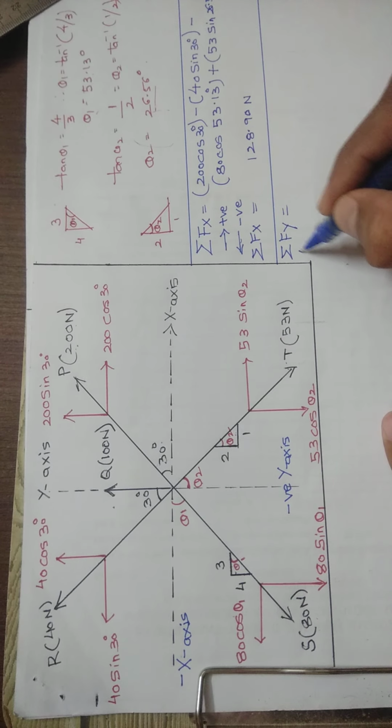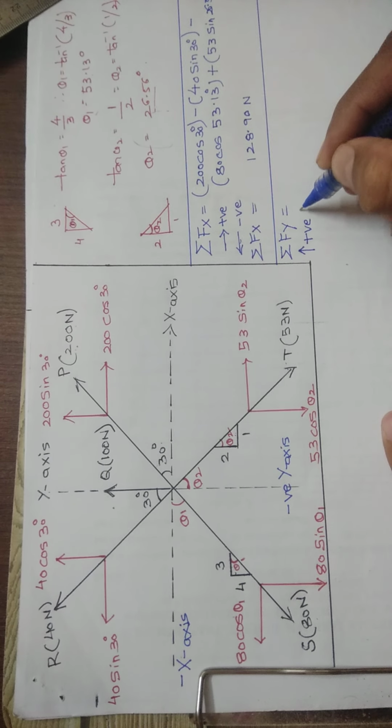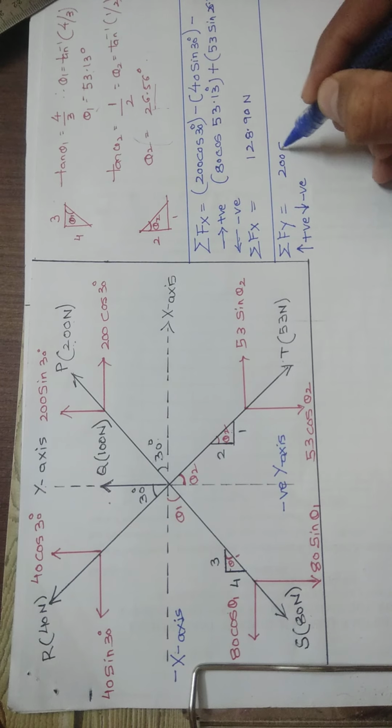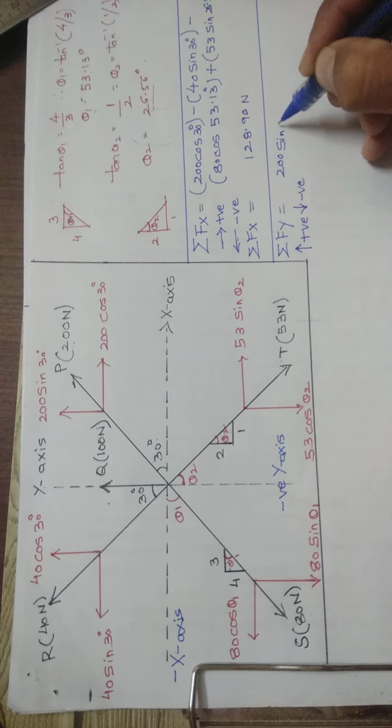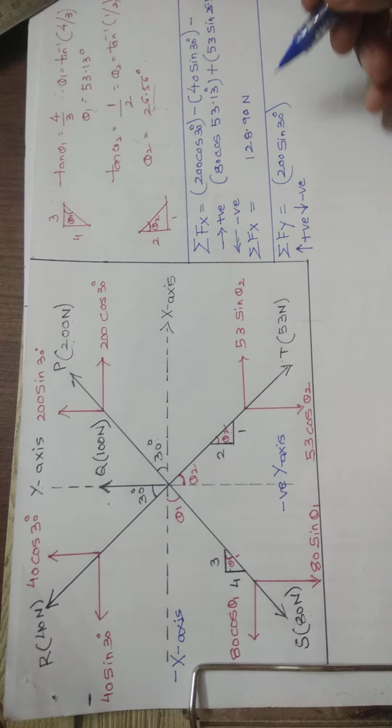What is the sign convention used for this? Upside is positive, downward is negative. One by one: for the P force, 200 sine 30 degrees is upside, so positive.